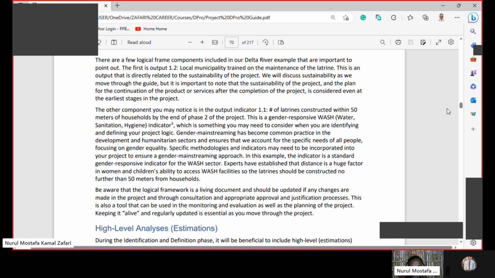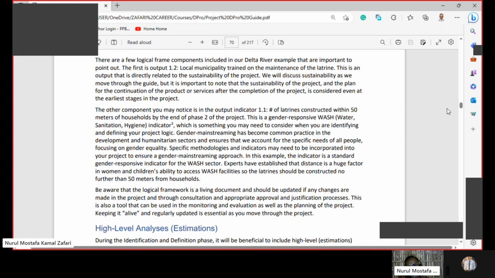We will discuss sustainability as we move through the guide, but it is important to note that the sustainability of the project and the plan for the continuation of the product or services after the completion of the project is considered even at the earliest stages in the project.